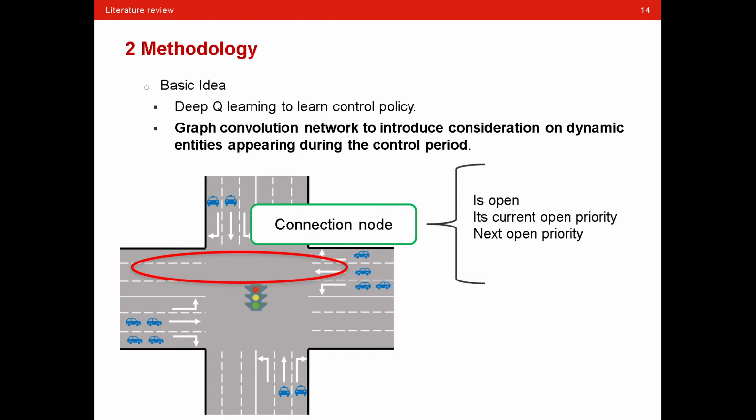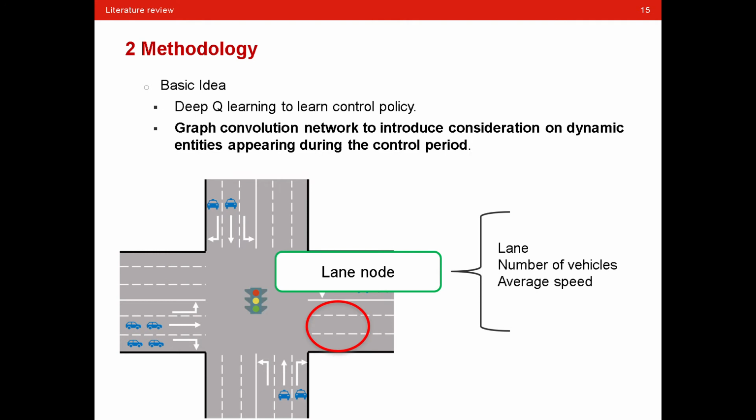The feature of this node is whether this link is currently connected to that link, meaning whether it is open or not, and what its current open priority is. That is, which flow can travel through this connection with higher priority, and what the next open priority is, which is the future state. So that's what the connection node means. And the third type of node is the lane node.